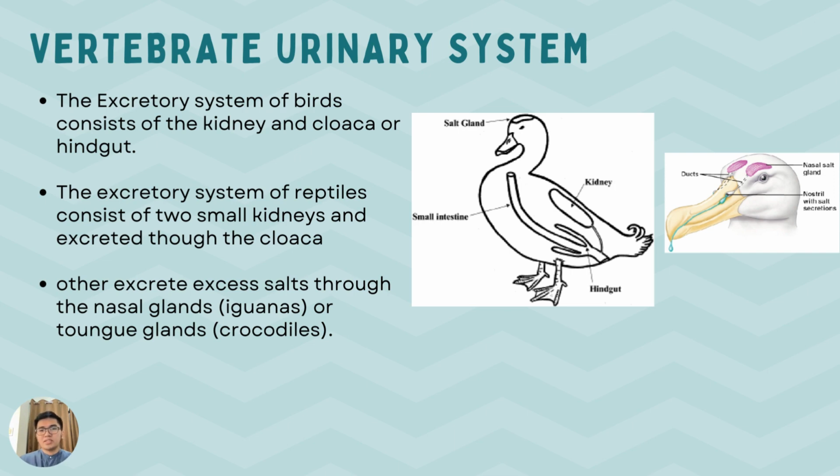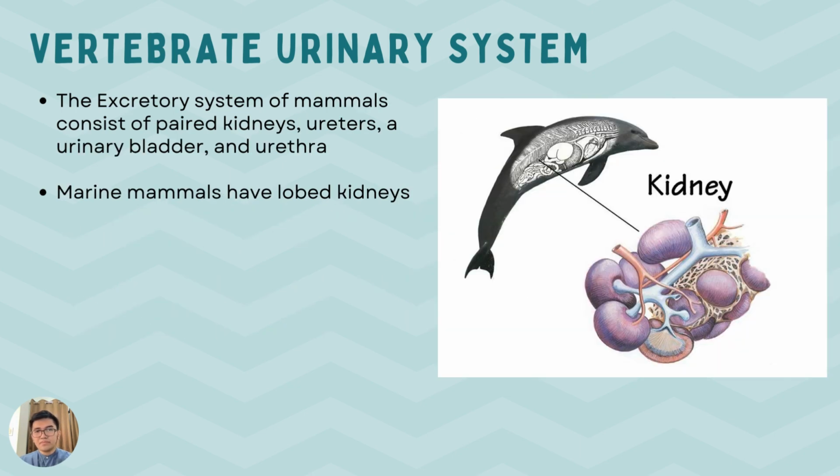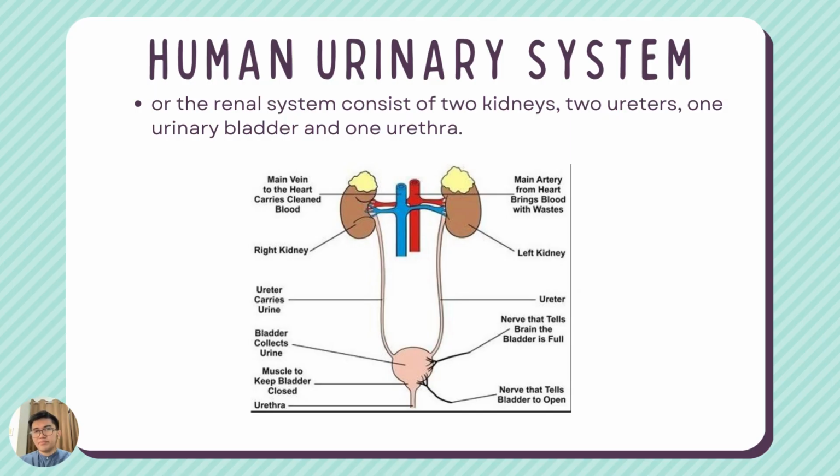Others excrete excess salt through the nasal glands, like iguanas, or tongue glands, like crocodiles. Also, the excretory system of the mammals consists of a paired kidney, ureters, a urinary bladder, and urethra. Marine mammals have lobed kidneys, like the dolphin over there.